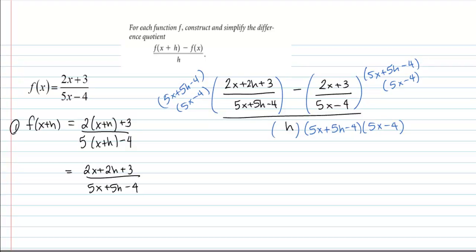By multiplying everything by the least common denominator, it allows me to get rid of the complexity of this fraction by having the first denominator get canceled out, leaving the quantity 2x plus 2h plus 3 times 5x minus 4.